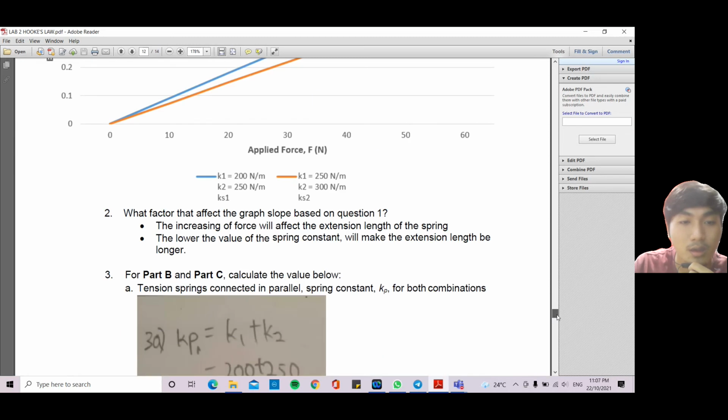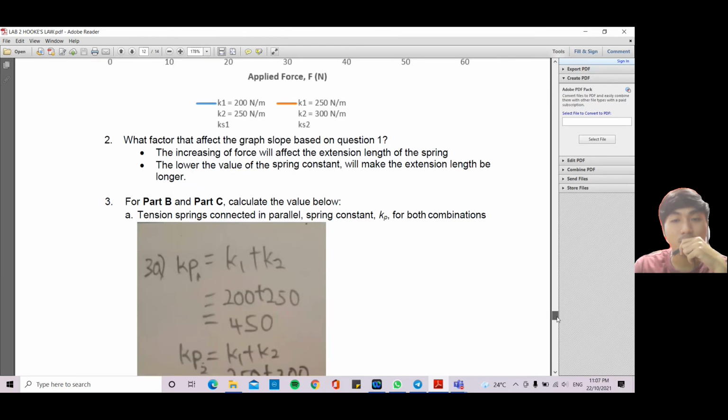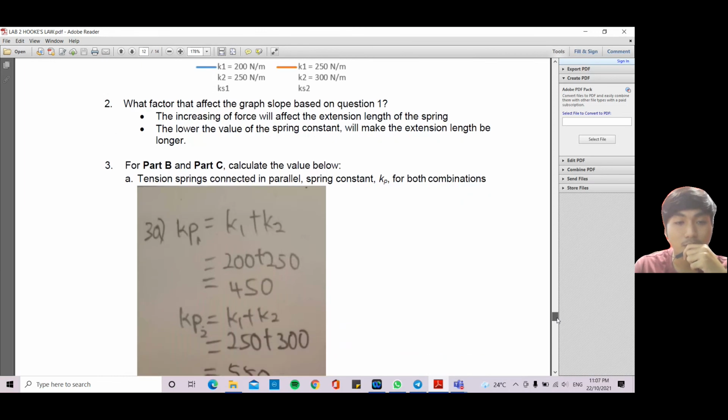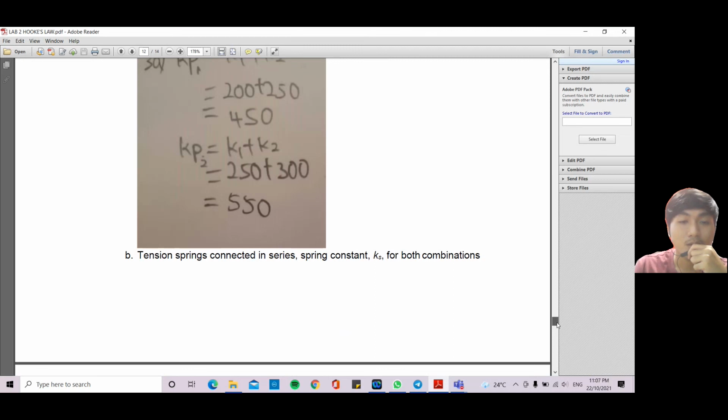Okay, and for the calculation for part B and part C, we calculated for parallel spring for both combinations Kp1 and Kp2. So Kp1 we get 450, Kp2 we get 550.